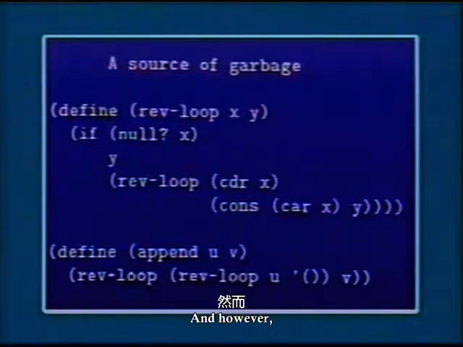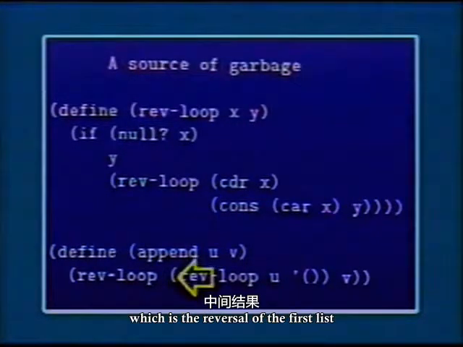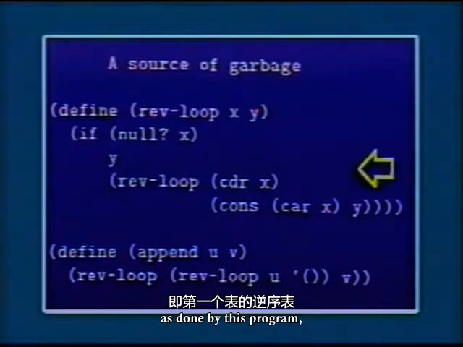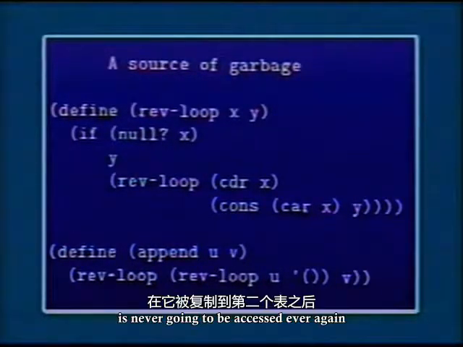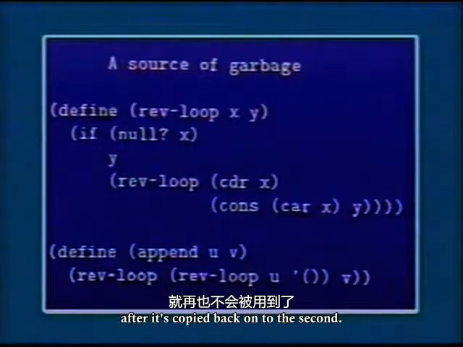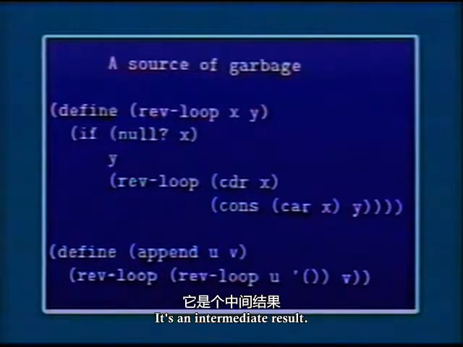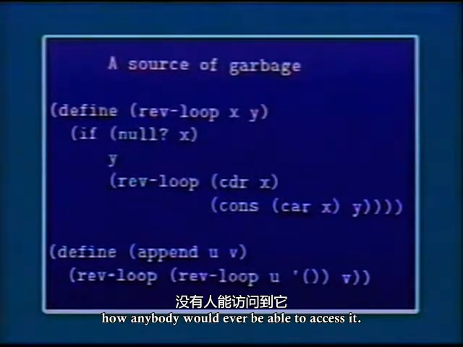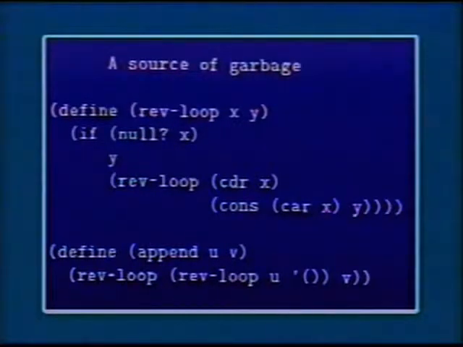However, the intermediate result, which is the reversal of the first list, as done by this program, is never going to be accessed ever again after it's copied back onto the second. It's an intermediate result. It's going to be hard to ever see how anybody would ever be able to access it. In fact, it will go away.